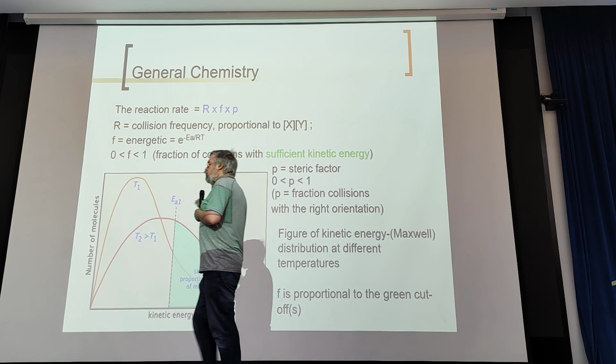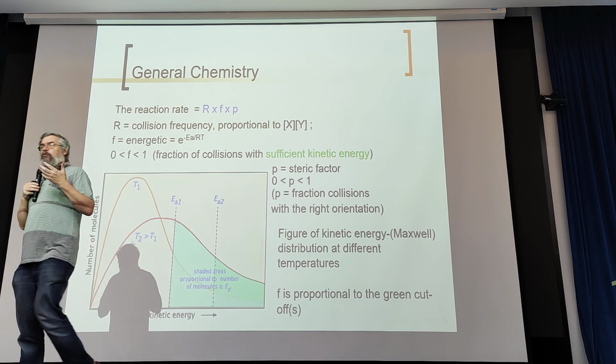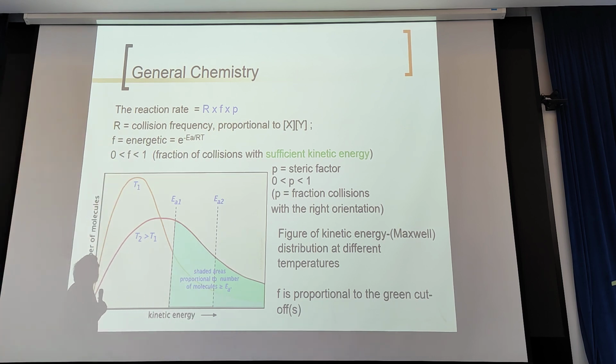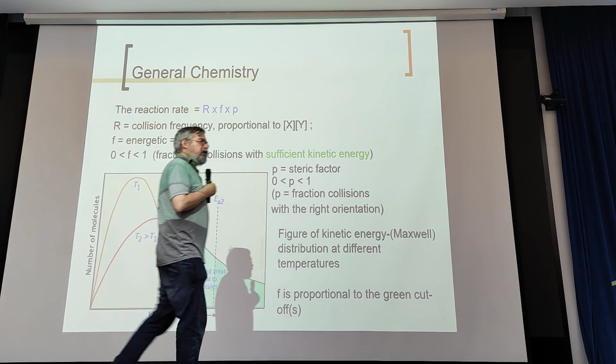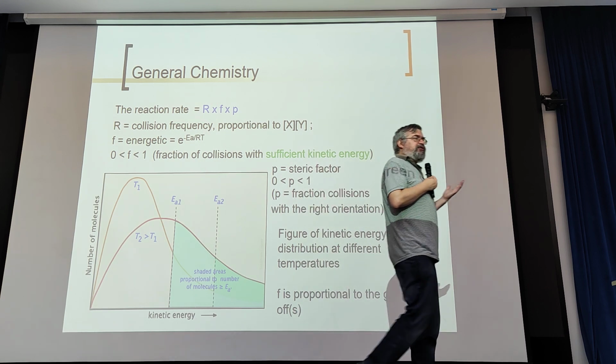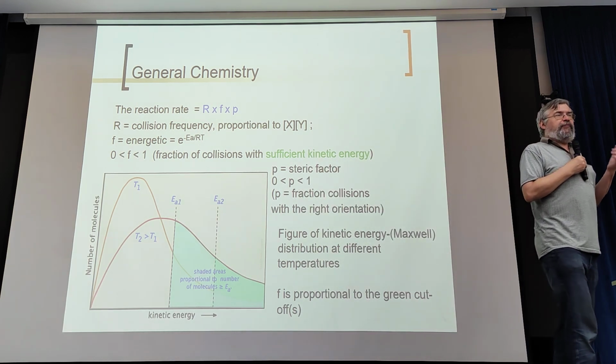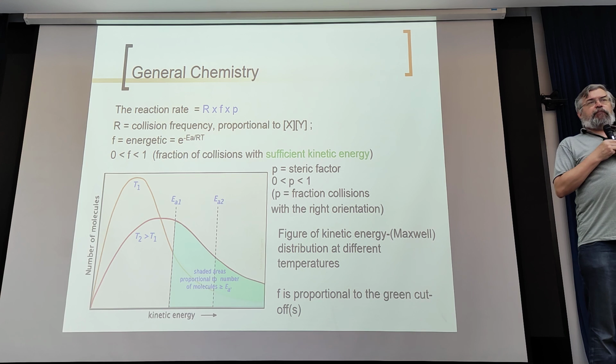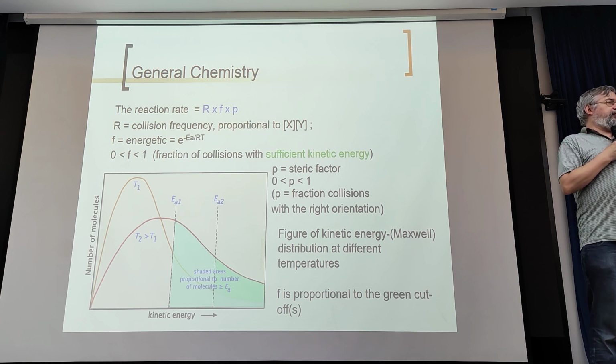Now, if we go on with the collision theory, we can say there's actually a rate which is proportional to 3 factors. The first factor is R. In this case, R is not the ideal gas constant, but a so-called collision frequency. So what is the chance that the two particles will meet? This is proportional to the concentrations of the reagents involved.